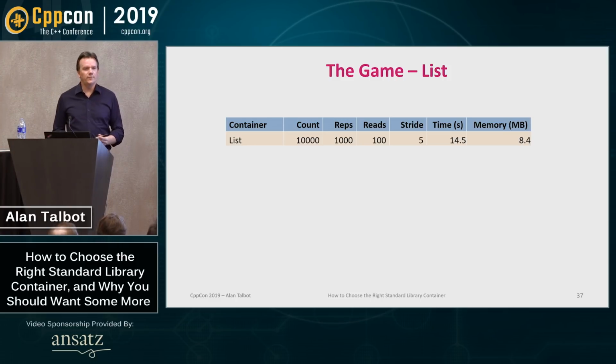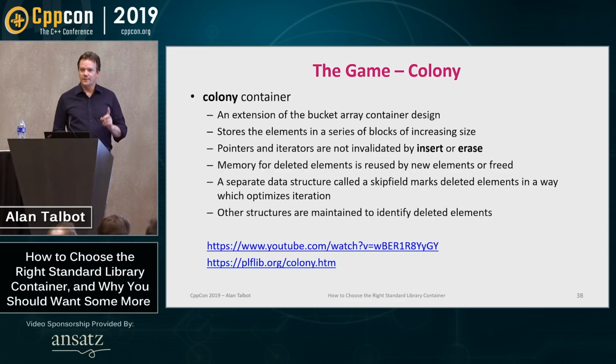So, well, how could we do better? Well, it turns out there's a container called a colony, and this container is also being proposed for standardization. And the colony is designed to solve this exact problem, okay?